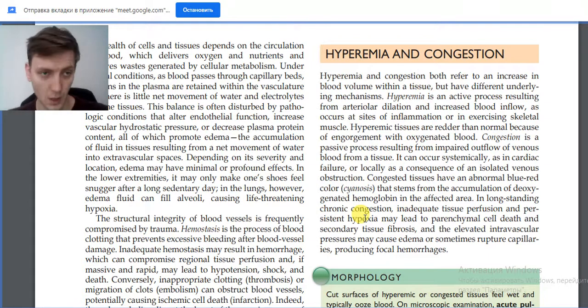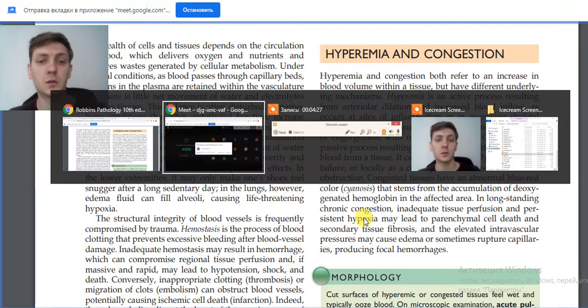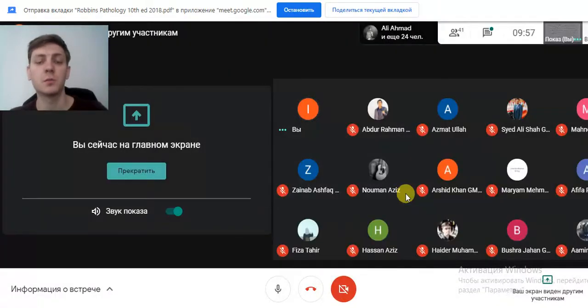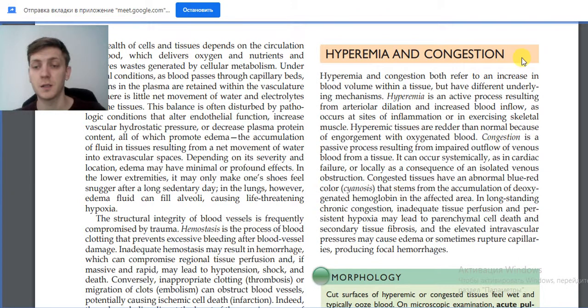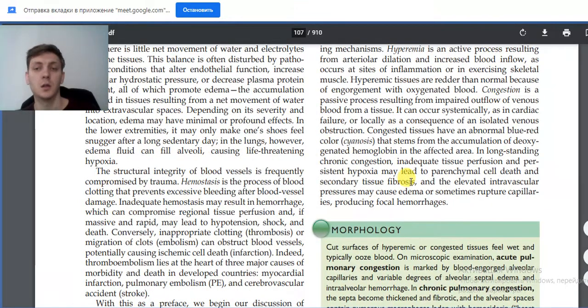You remember that arterioles give oxygen to the tissue, but veins return carbon dioxide to the blood. After the tissue, blood is rich in carbon dioxide and waste products, and congestion of this blood causes some adverse effects. Let's talk about it later.